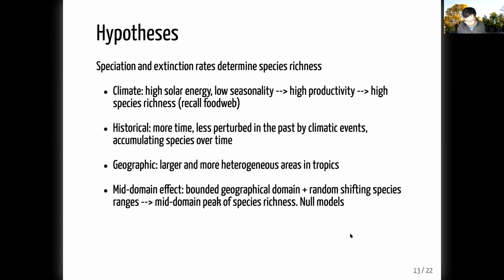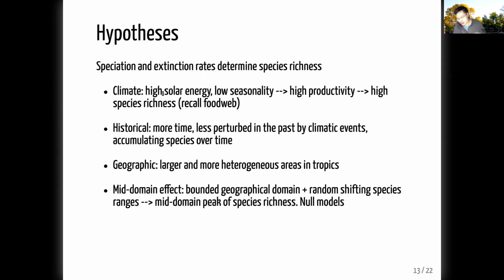If we think about species richness, essentially we are looking at speciation and extinction rates, and we can ignore dispersal and immigration at this moment. Speciation and extinction both determine the species richness of an area. We can group these different hypotheses into four large categories. First, the climate.